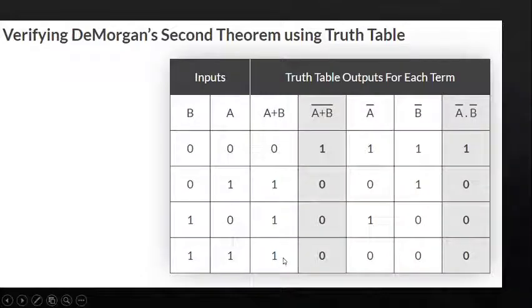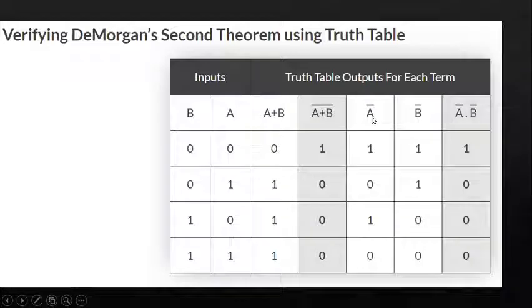is also 1. So we negate it, which will give an output of 1, 0, 0, 0 for each possible combination. And the same for the output A bar times B bar.